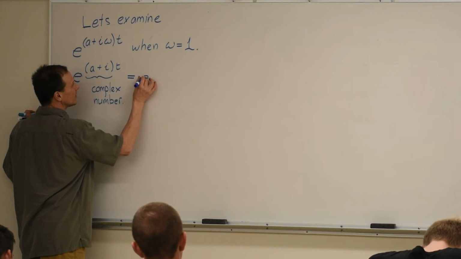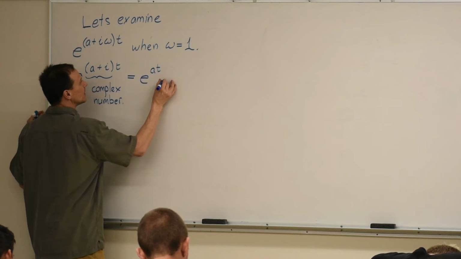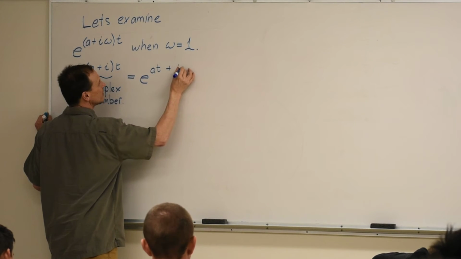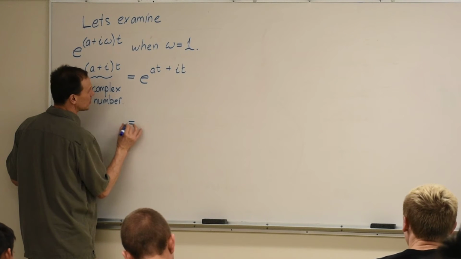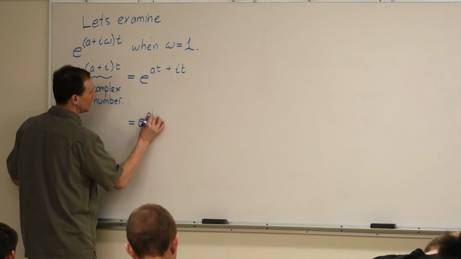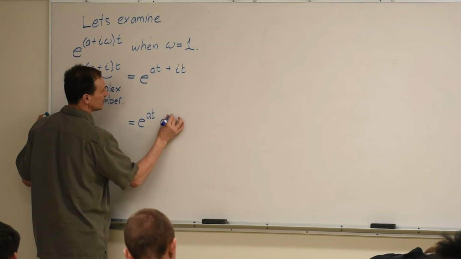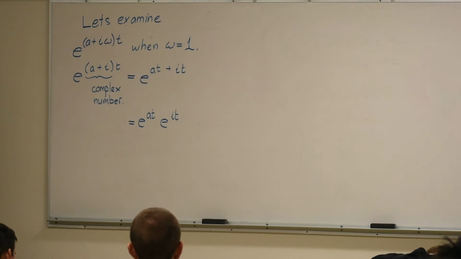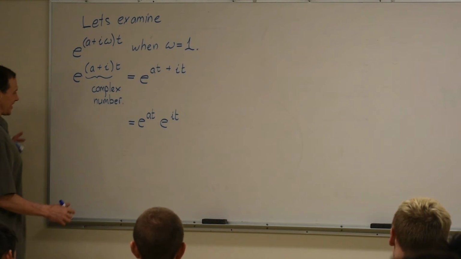What if I write this as e raised to the at plus it? Well, if I do that, and then I apply my rules of exponents, this is the same as e to the a times t times e to the i t. Questions there?